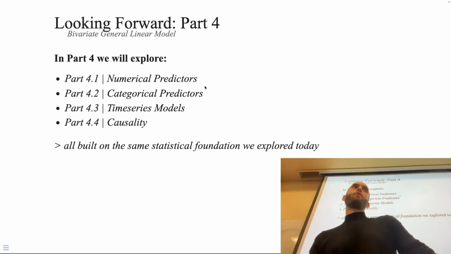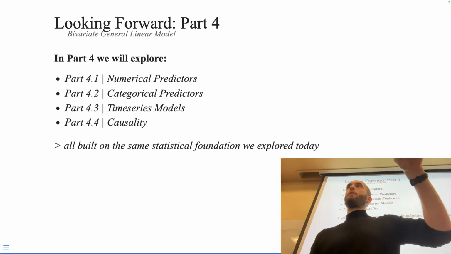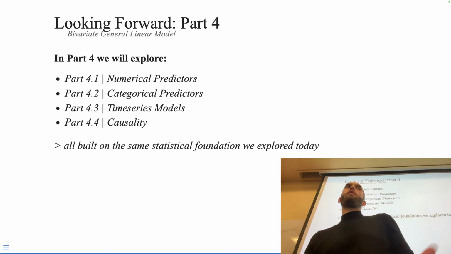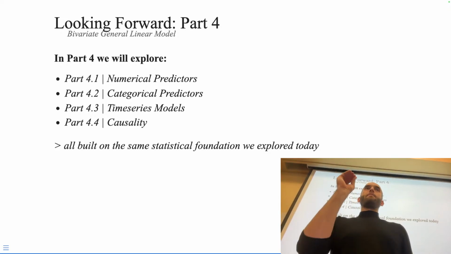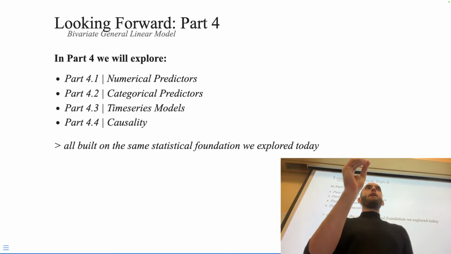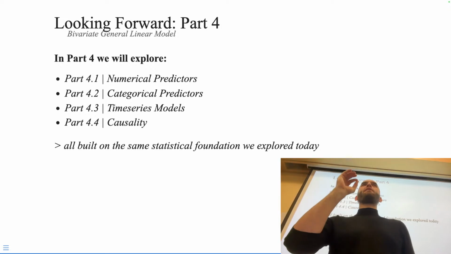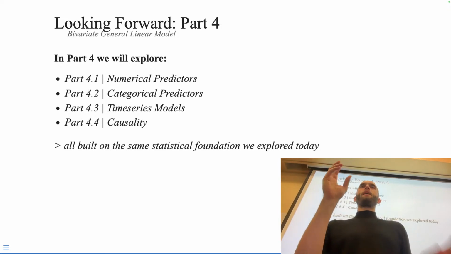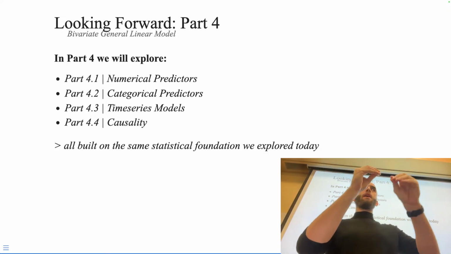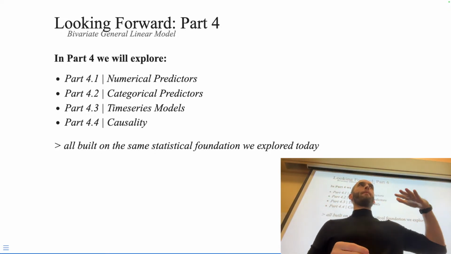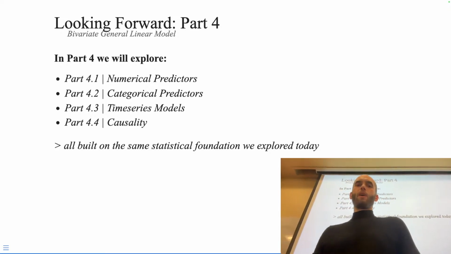We're starting to introduce the bivariate general linear model, which involves essentially the same ideas as what we've done today. Except instead of just an intercept parameter, we're also looking at a slope parameter. And I'm going to show you the same ideas apply to the slope parameter as apply to the intercept parameter. It's all the same, just with some nuances.